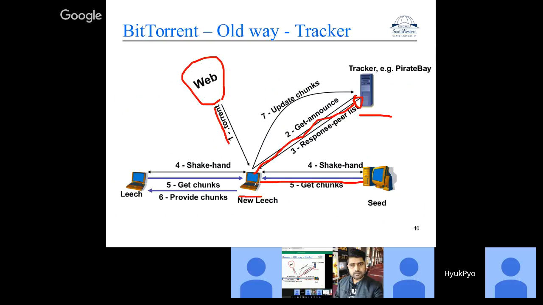So they can connect to several peers to download simultaneously. But, for example, piratebay.com and many tracker websites were closed by police because they deal with illegal resources. So BitTorrent tried to make a new way not to use a tracker system.